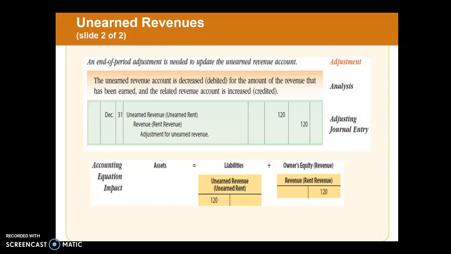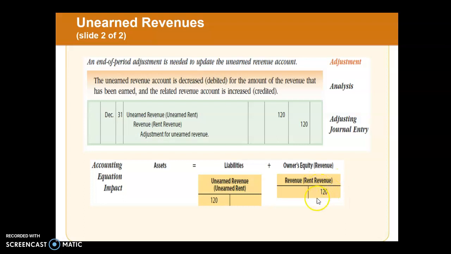Now the T account looks like this. You have to adjust the unearned revenue. Previously, we received 360 and recorded it as unearned revenue. At the end of the month, we have to adjust: debit unearned revenue and credit revenue.